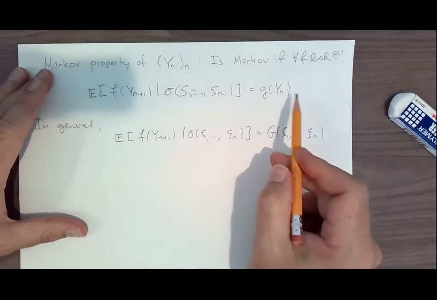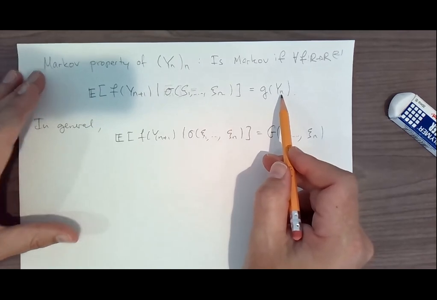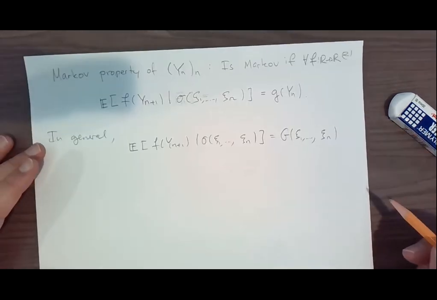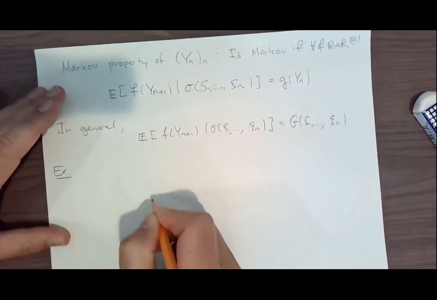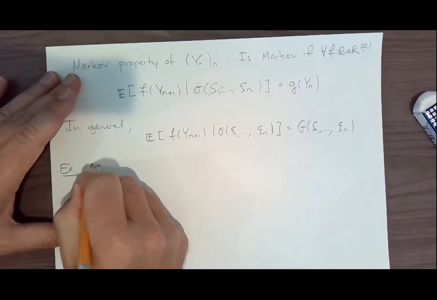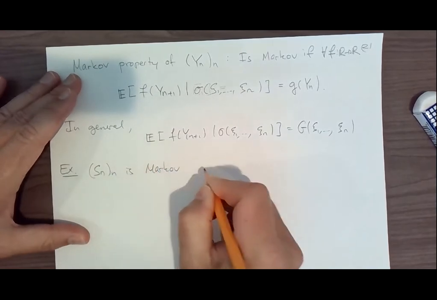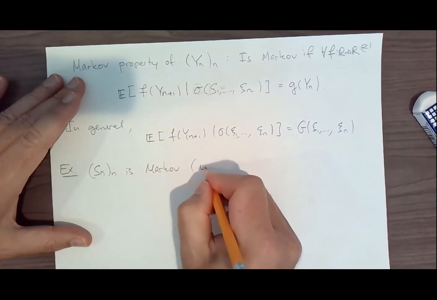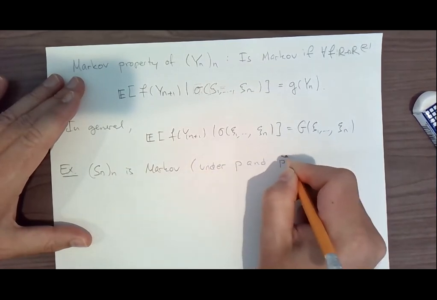And it's Markov if you only have to keep track of the last one. There are a number of processes that are Markov. For example, the stock price, Sn itself, is Markov. This is under both P and P tilde.